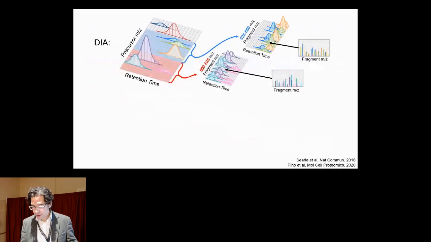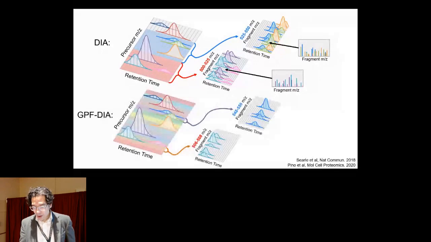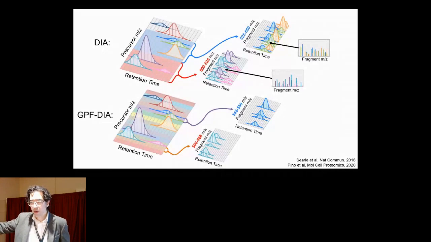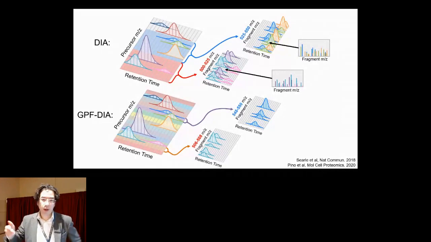To put this in another framework, if we're looking at DIA this way, where we're co-fragmenting a bunch of possible peptides over some retention time with different precursor mass windows, here we're dividing the precursor m/z space into very small 2 m/z wide windows that can essentially isolate as if we were targeting those peptides. Except instead of targeting specific peptides, we're targeting all possible peptides across all of these different windows simultaneously.